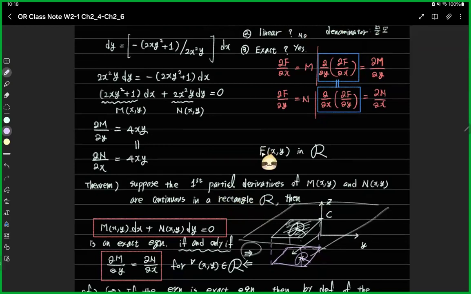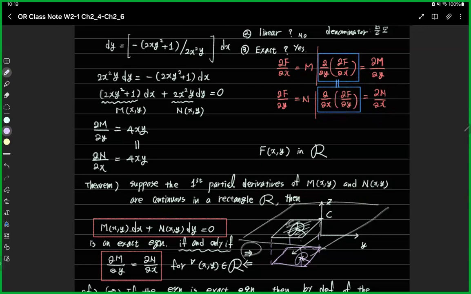The first partial derivatives of M and N are continuous, which means f is also continuous. If the first partial derivatives of M and N are not continuous, then we cannot guarantee that these two are equal. This is the partial of f with respect to x first, and then the derivative with respect to y second. This is y first, then x.